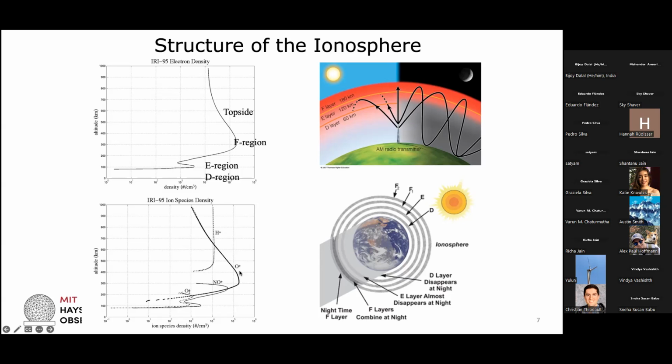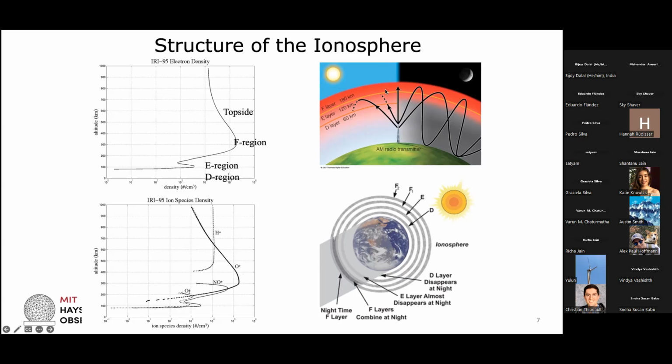Above about 400, it's O plus primarily, and then above that, in the top side, it's primarily hydrogen. So the ionization of different constituents, and all the ionization comes from the sun's radiation, is important, and that's why we have the formation of the different regions.